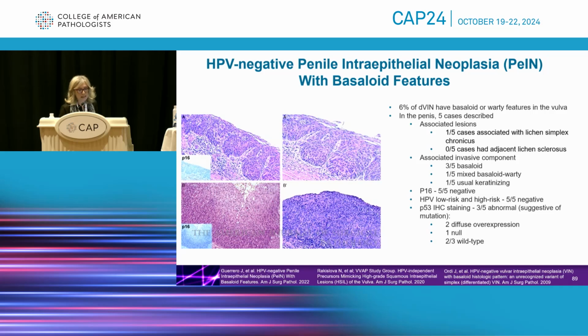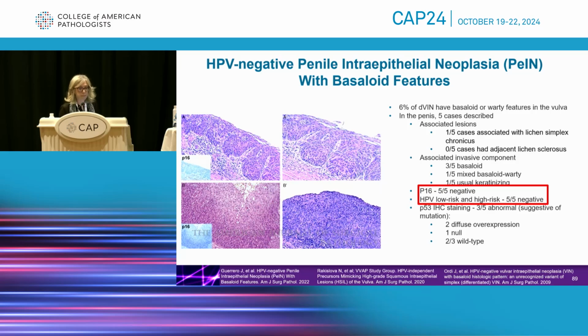A few more things. There have been case reports of HPV-negative penile intraepithelial neoplasia with basaloid features, which is unusual because, as you know, basaloid PIN is typically associated with HPV infection. They had 5 cases. They were all P16 negative, and they were all low-risk and high-risk HPV negative.